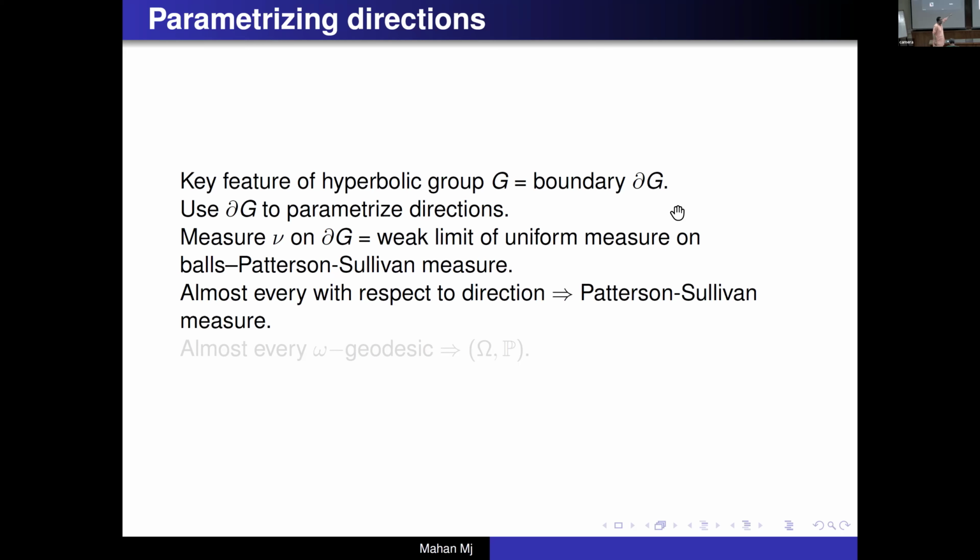With respect to the Patterson-Sullivan measure, the action is ergodic. There are no independent directions. That's really one of the features of hyperbolic space that is very challenging. So if something is well defined, it's going to be well defined automatically for a full measure.